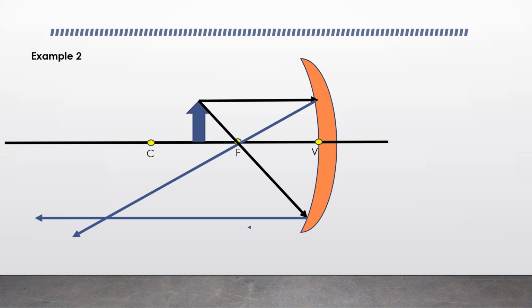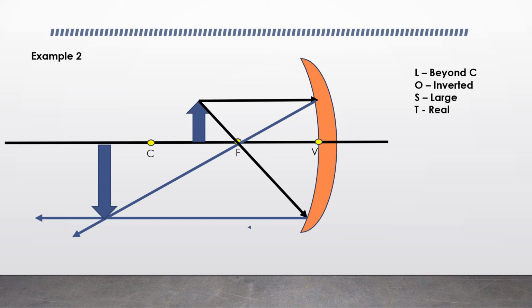So where is the image? To draw the image, the tip of the object should be at the intersection point. So it goes like this. How will you describe the image formed if the object is located between the center of curvature and the focus?